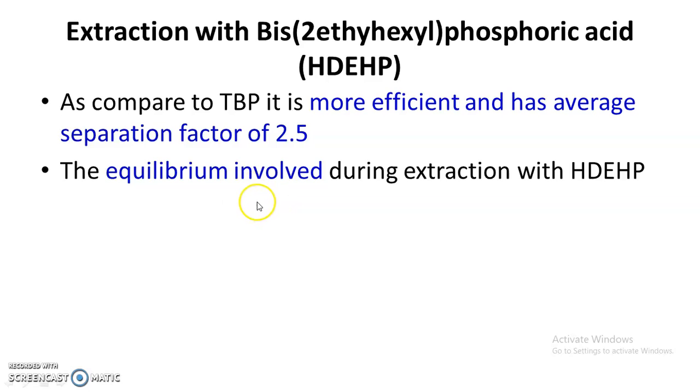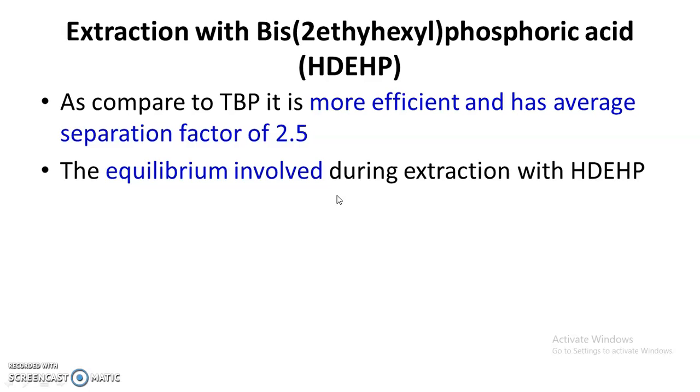Now at the time of extraction of lanthanide ions by using this solvent, the aqueous solution of lanthanide ion is shaken with a sufficient quantity of solvent, that is bis 2-ethyl hexyl phosphoric acid. During the course of extraction, the lanthanide ions form a complex with this solvent, and there is a formation of a less polar complex of lanthanide ions, and automatically two phases form, the aqueous phase and the solvent phase.